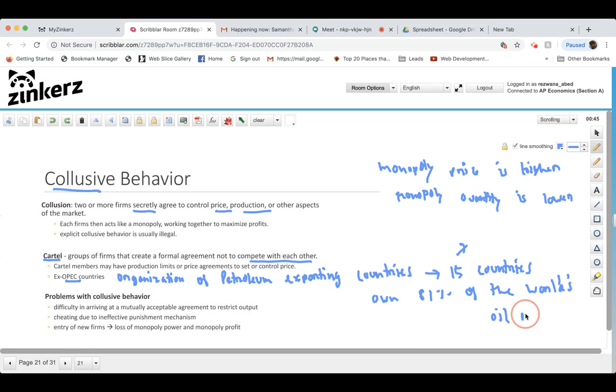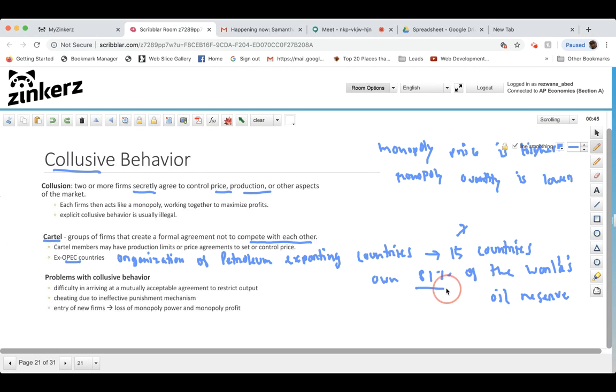So as you can see, they have almost a monopoly over oil production, because together they own 81% of the oil reserve, and their share is about 44% of the world's oil production.